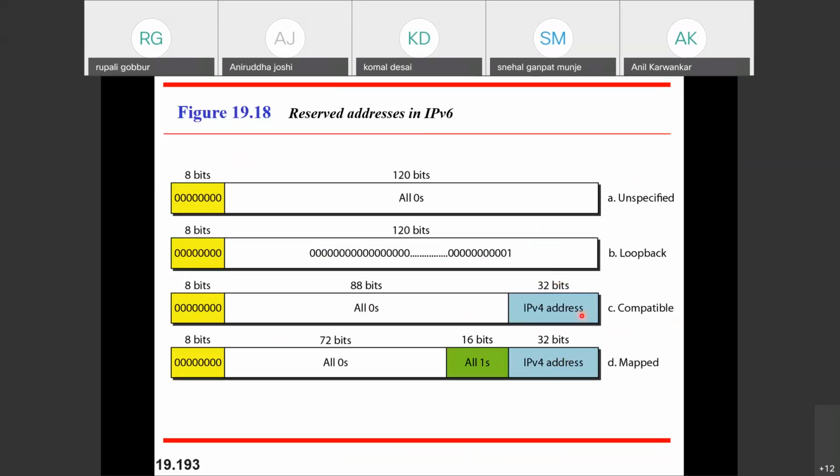Here, an IP version 4 32-bit address can be defined with the starting 8 bits as 00000000. All the in-between 88 bits will be zeros, so that proper compatibility between IP version 4 and IP version 6 can be utilized, so that even if one of the terminals is an IP version 4 assigned terminal, it can communicate with IP version 6 configuration with the support of proper source and destination IP address schemes.